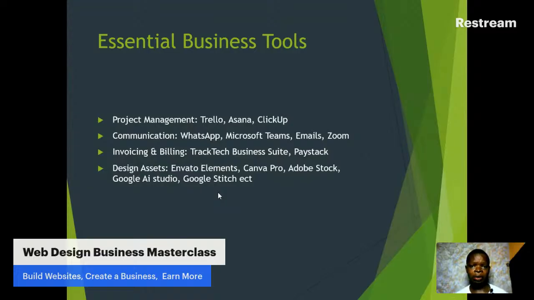And for communication, like I said before, you can use WhatsApp and emails. I use WhatsApp and emails because they are very versatile, and my clients use them. It's very convenient for them to interact with me on WhatsApp and email. Some people may prefer Microsoft Teams, some Google Meet, some Zoom. It depends on what they want.